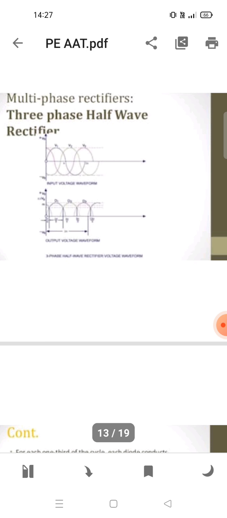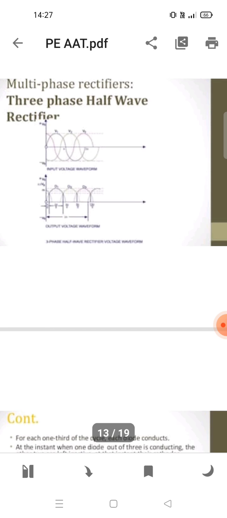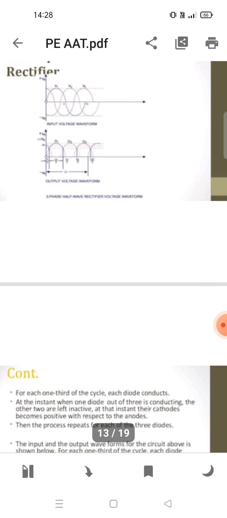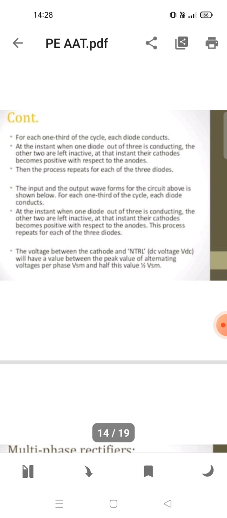As you can see, this is the three-phase half-wave rectifier voltage waveform. For each 1/3 of the cycle, each diode conducts in turn. One diode of the three is conducting while the other two are left inactive, at the instant their cathodes become positive with respect to the anode.